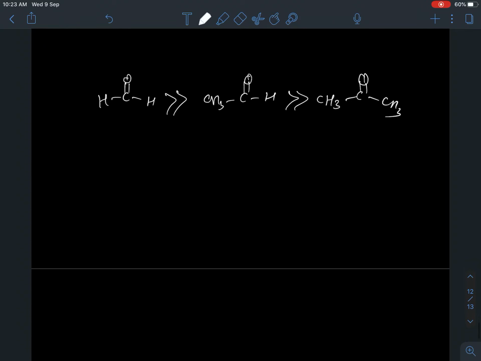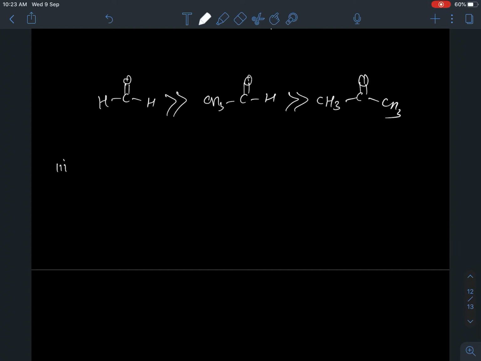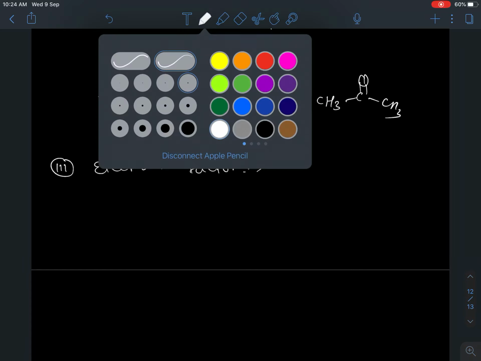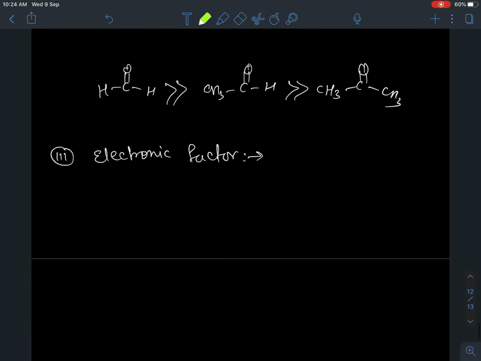After these two factors, a third factor is also very important, which is the electronic factor. What does it mean? If you look at this center, let us look at the comparison between this aldehyde and this carboxylic acid or any derivative of it.